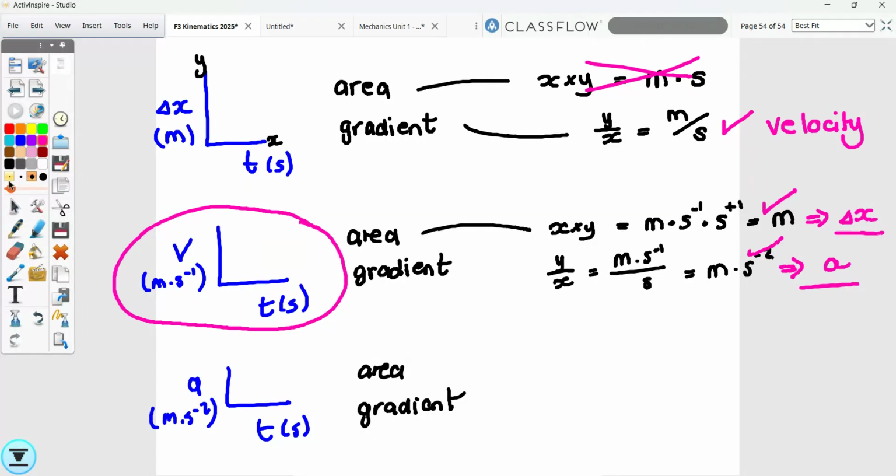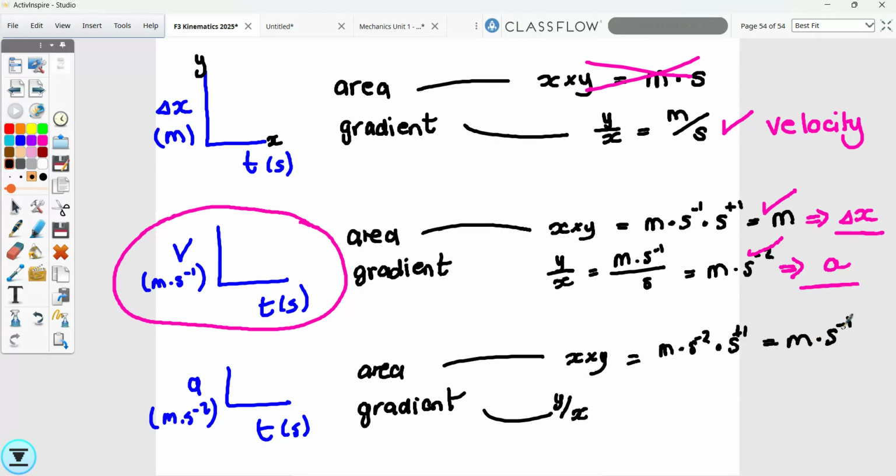Then for the last one, for the area here, it's again x times y, and here it's again y divided by x, the gradient. Now this time for the area, it's meters per second squared times by seconds. That's a plus 1. So the plus 1 cancels one of those and we end up with meters per second.